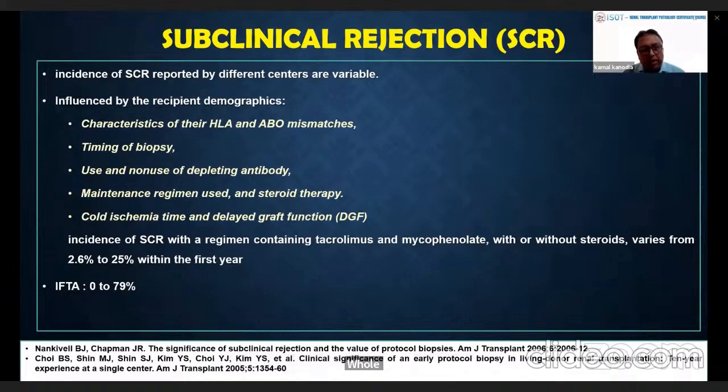The incidence of SCR was reported by Nankivell et al. They found it to be 2.6 to 25% within the first year, in patients on tacrolimus-based immunosuppression. Koi et al. reported the incidence of IFTA, that is interstitial fibrosis and tubular atrophy, which also has a wide range, 0 to 79% reported in different studies.